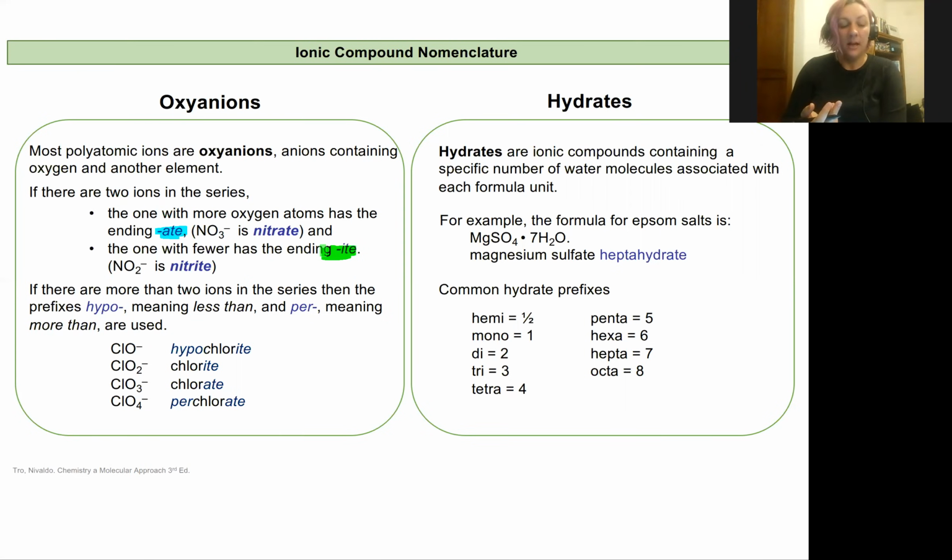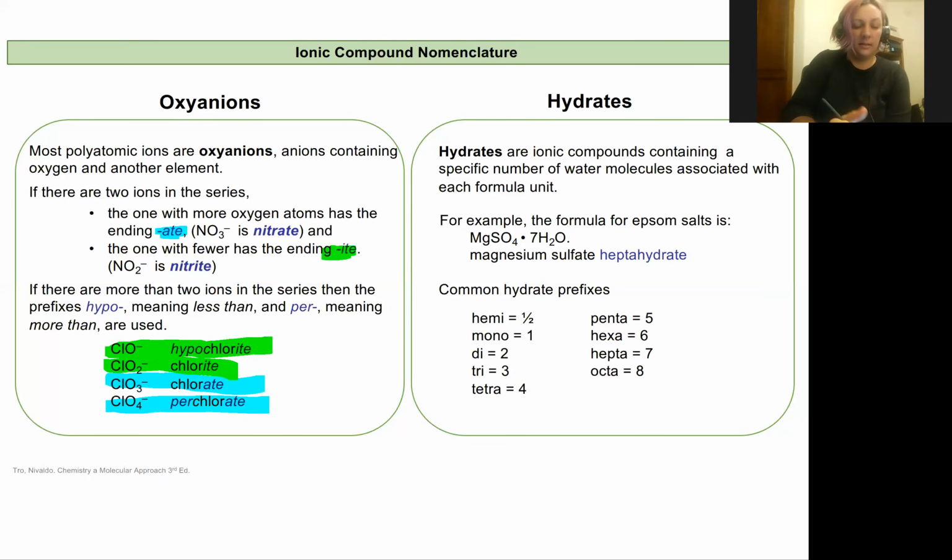Chlorine will form a compound with oxygen that's one chlorine and one oxygen, and then it'll form one with two, three, and four oxygens. The ones with two oxygen versus three oxygen are just the middle two of the four possibilities. We have the smaller one be chlorite and the larger one be chlorate, similar to what we did with nitrogen.